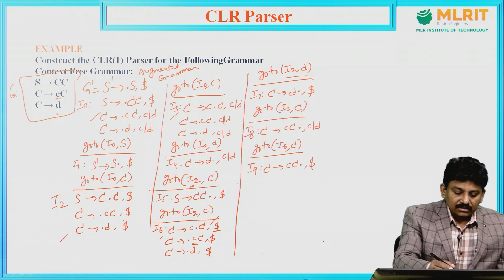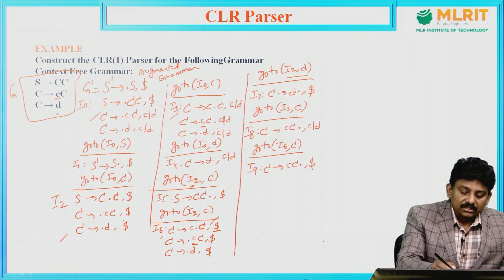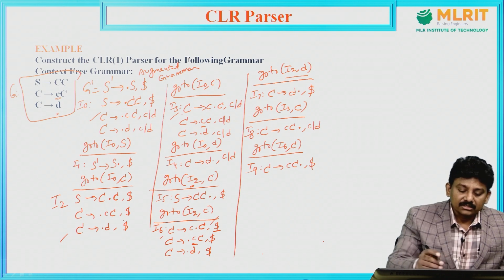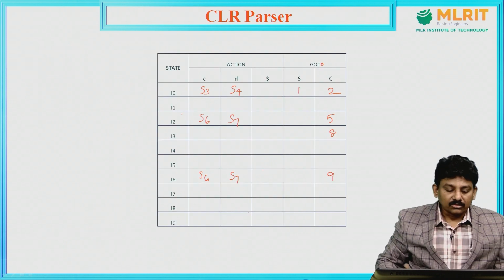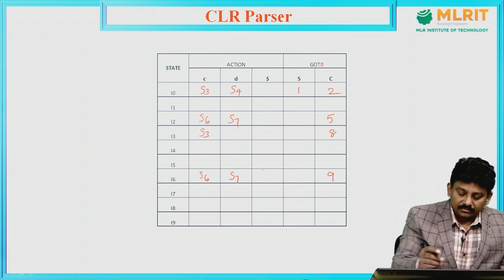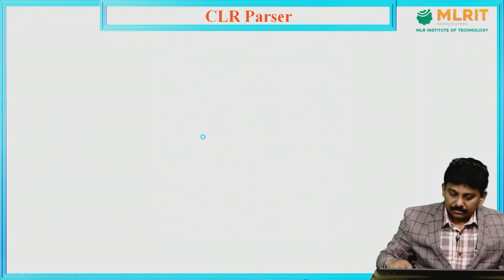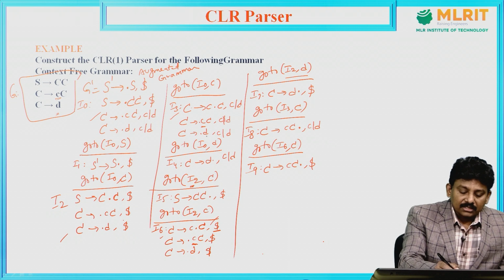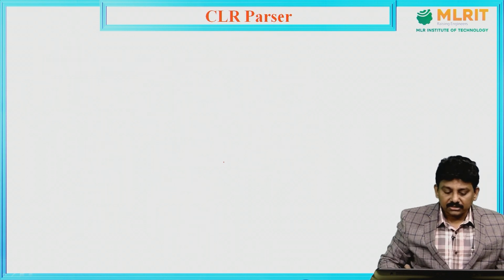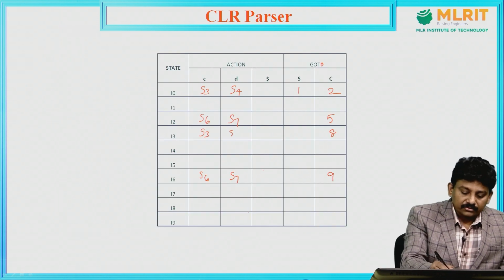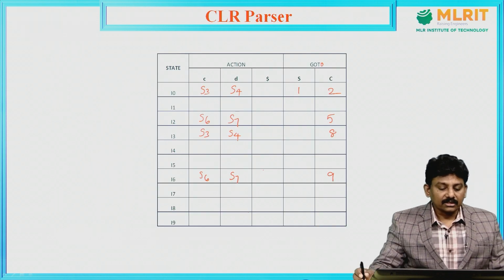In state 3 also, if you apply go to on small c, it is the same as I3, so row 3 under c, S3. Row 3 under d goes to C derives d dot, CRD, the same as I4, that is S4. Like that we can fill the shift actions.